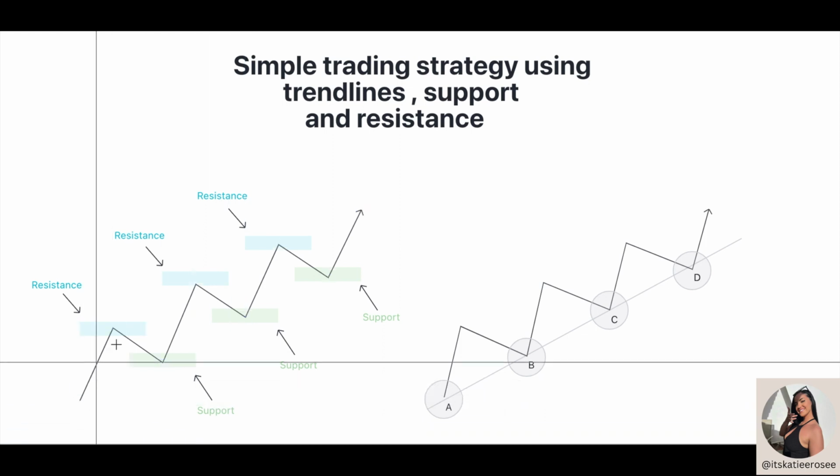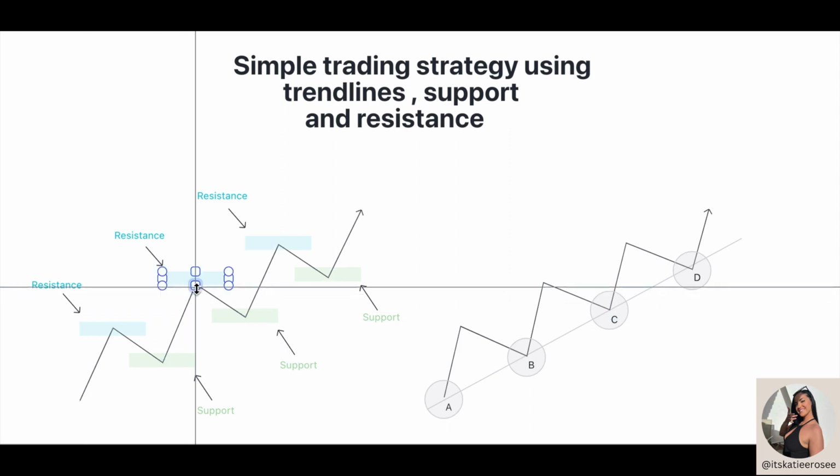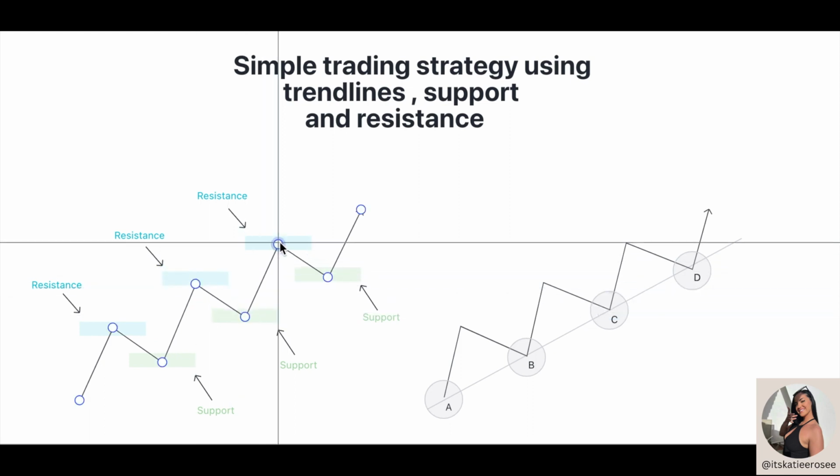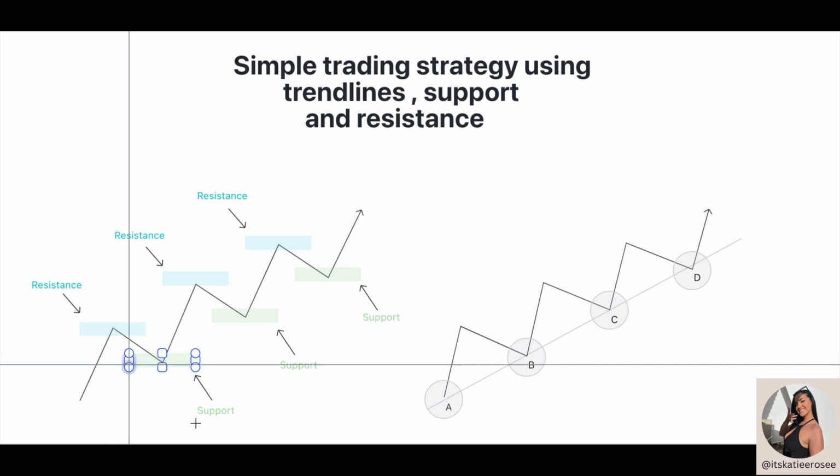So resistance, support, resistance, support. One thing I would like to say as well is support can become resistance and resistance can become support. What you're looking for in an uptrend is bounces off of support and breakthroughs of resistance.